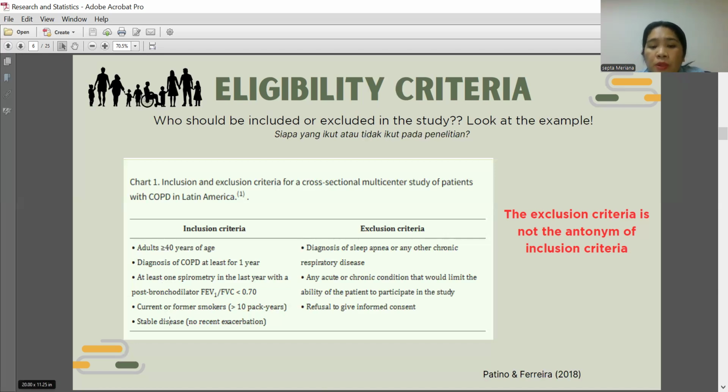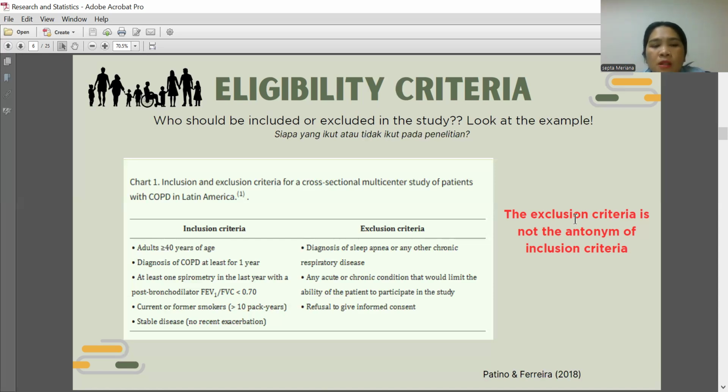They will exclude patients with a diagnosis of sleep apnea or another chronic respiratory disease, any acute or chronic condition that would limit the ability to participate in the study, and those who refuse the informed consent. So please note here that the exclusion criteria is not the antonym of the inclusion criteria.